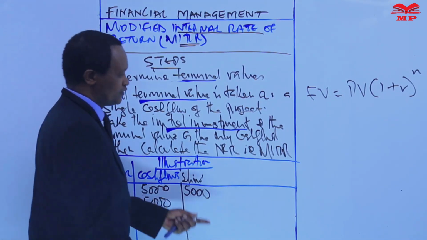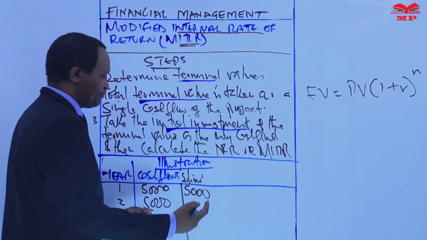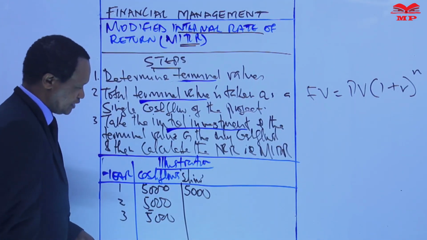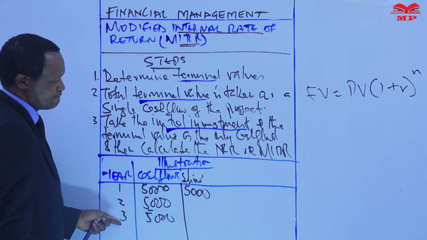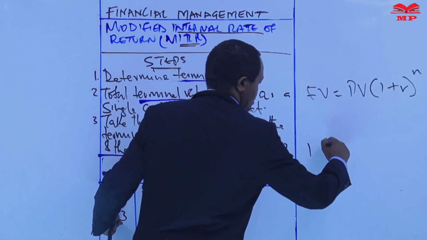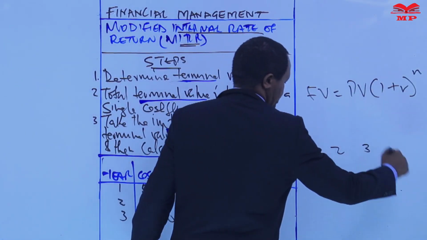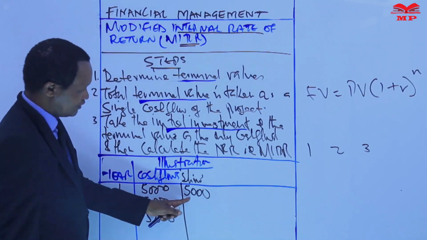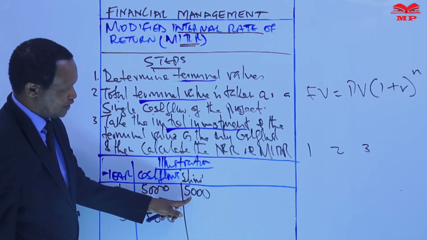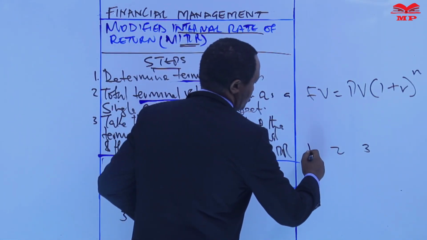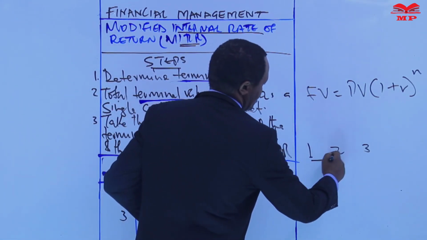So the future cash flow is the terminal cash flow. This is the amount that is expected to be received at the end of the project's life. The project's life is 3 years: 1, 2, 3 years. So this 5 million will be received at the end of year 1, which is the beginning of year 2.